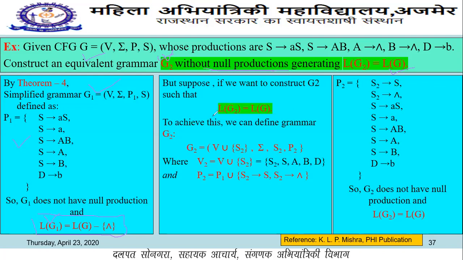Therefore we can do this by defining a new grammar G2 in which we modify the set of productions, the set of variables, and the starting variable.